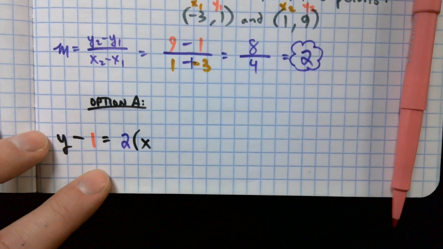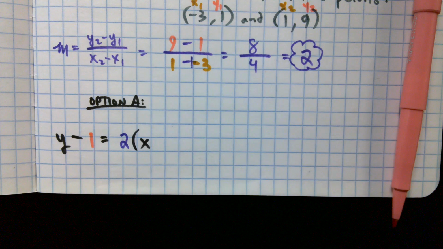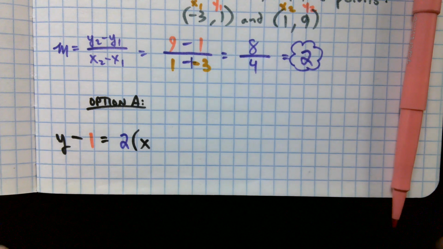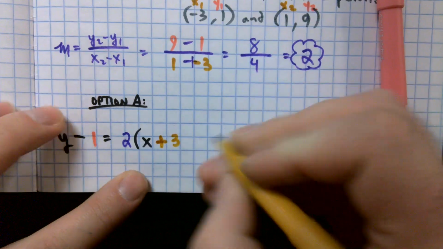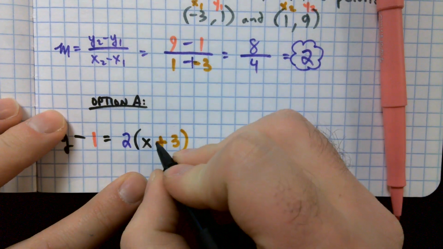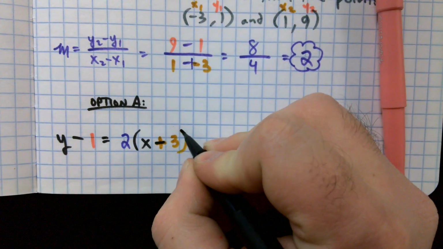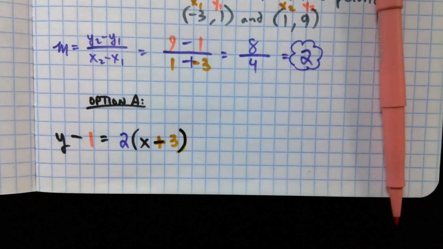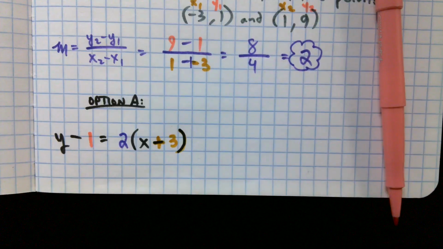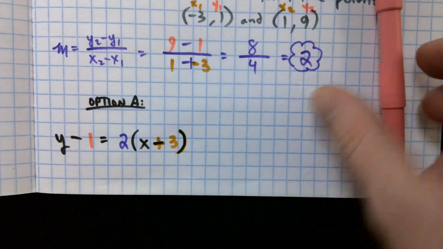But what is x1? Negative 3. So what does a minus negative 3 give me? Plus 3. All right? That's one answer I could have.